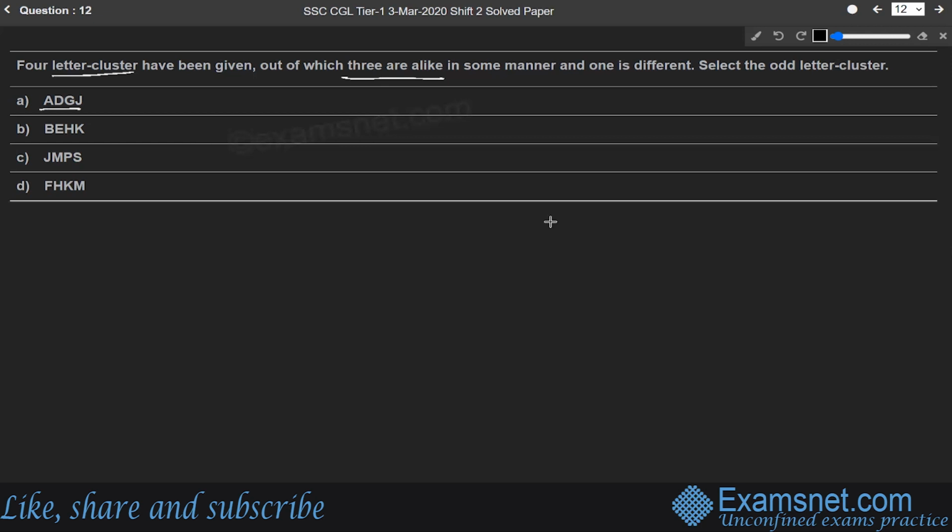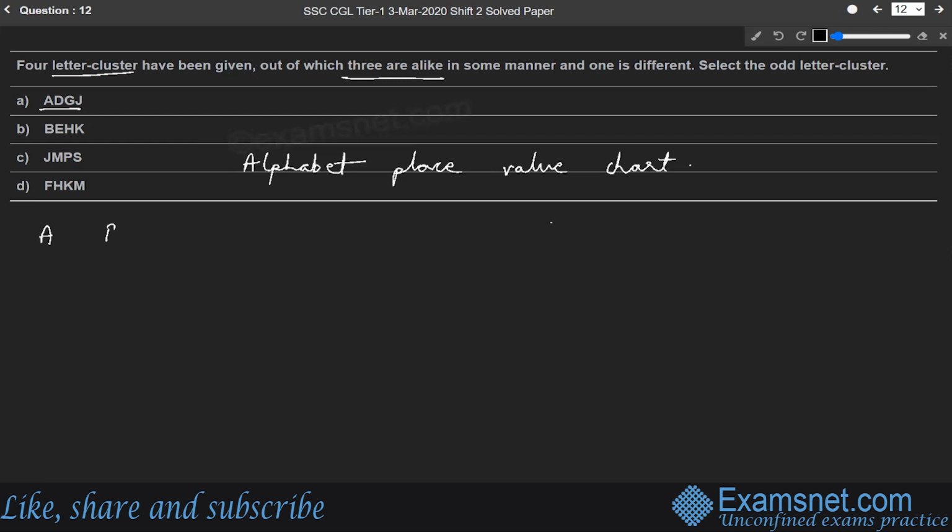So for this, we have to use a chart, that is alphabet place value chart. What is alphabet place value chart? It is a chart which consists of all the alphabets and their positional values. So let us make it first. Firstly, we have to write all the alphabets in the sequential order.